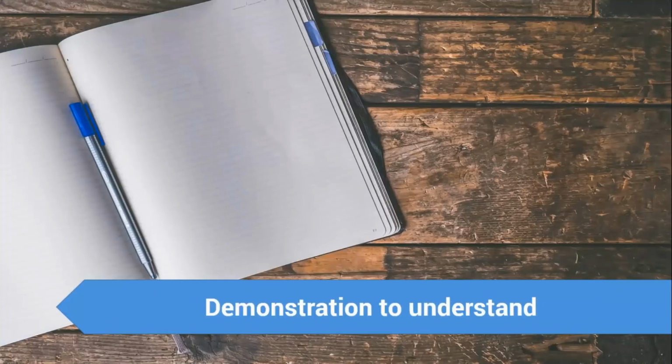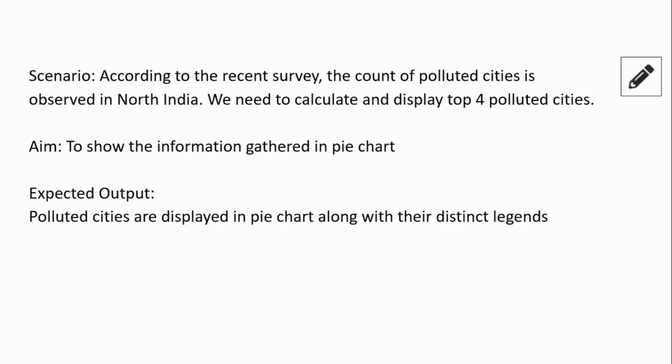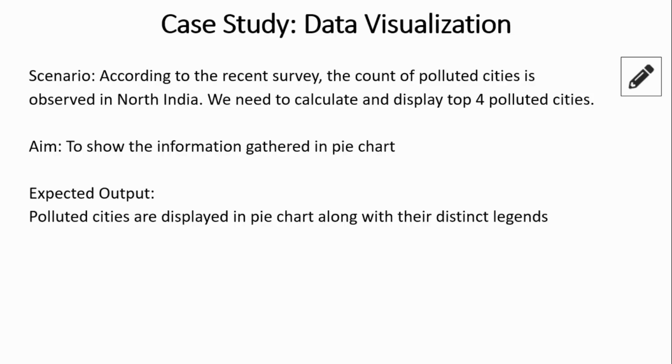The next thing we will understand now is the demonstration, or we can say the basic illustration, for Python as well as R with the given case study. My case study is that, according to a recent survey, there are a lot of polluted cities observed in North India.